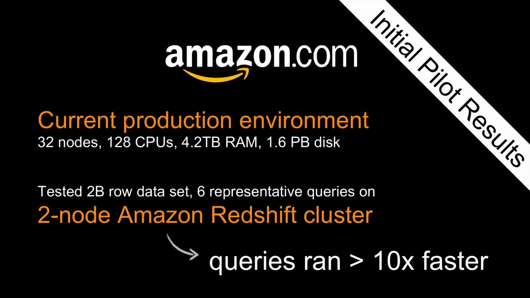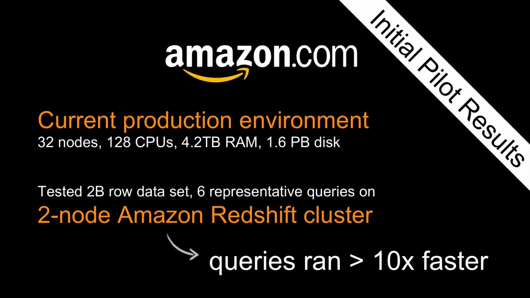And if we look at a couple of examples of customers that have used Redshift and some results that they've got, you'll see that this isn't just theory, it also works in practice. So we've done quite extensive piloting with data sets from Amazon.com, from the Amazon retail business, looking at very large data sets.